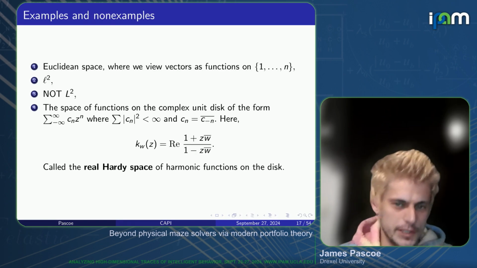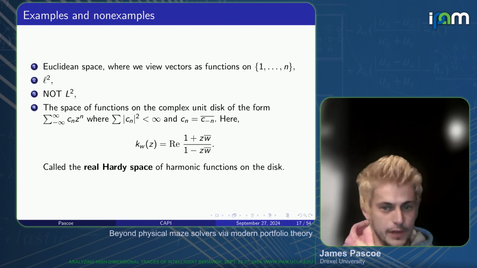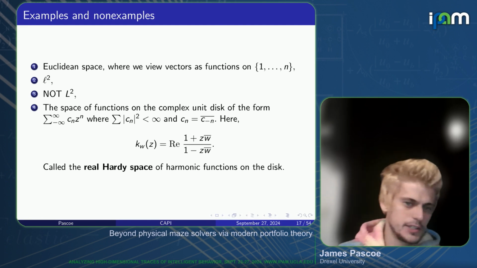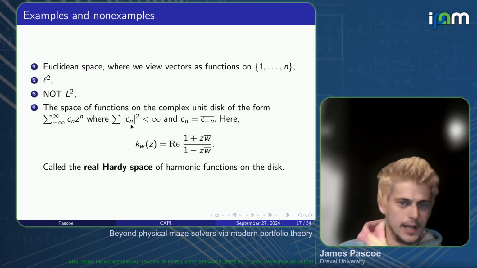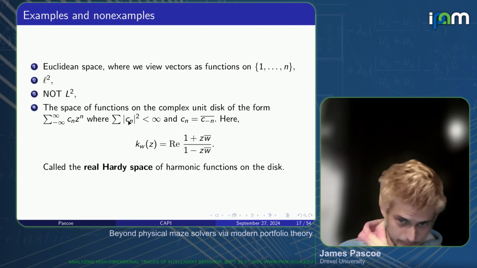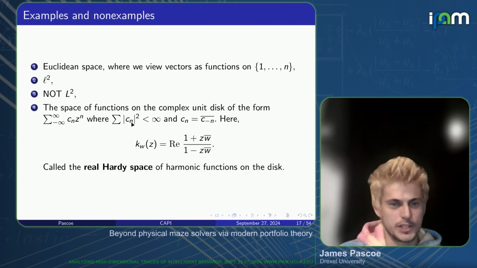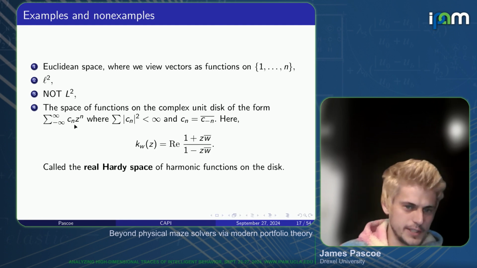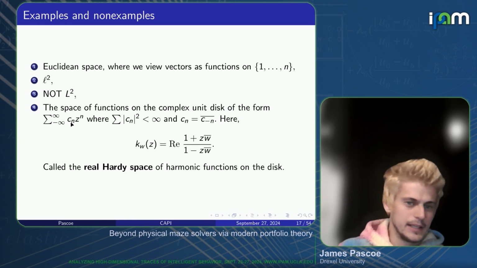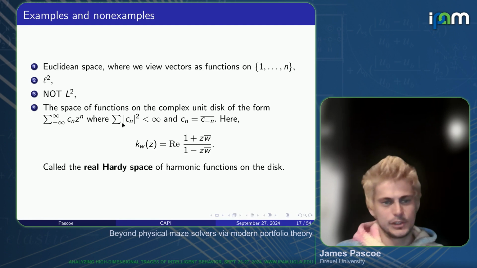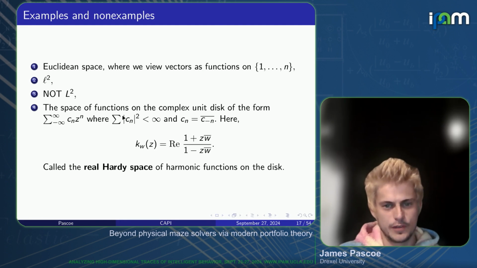And the final one that I want to talk about is the space of harmonic functions on the unit disk such that their coefficients are square summable. So it's going to have some series, Cn times z to the n. And so harmonic functions are all of this form. But harmonic functions of this form, such that we have their coefficients summing to less than infinity.